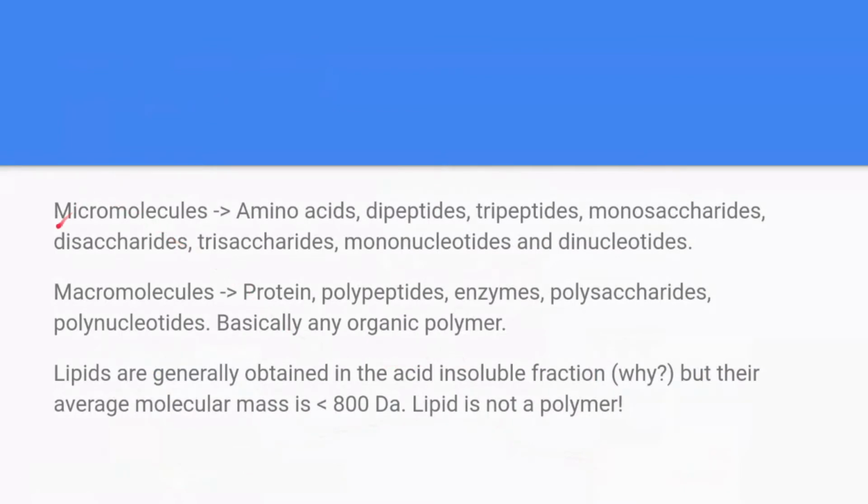Okay, so these are the various micromolecules and macromolecules you'll find: amino acids, dipeptides, tripeptides. These are all basic proteins, like amino acid chains. Then you find monosaccharides, disaccharides, trisaccharides, mononucleotides, and dinucleotides. They are the components of DNA, if you may know already, and these are sugars, or saccharides as you might call it.